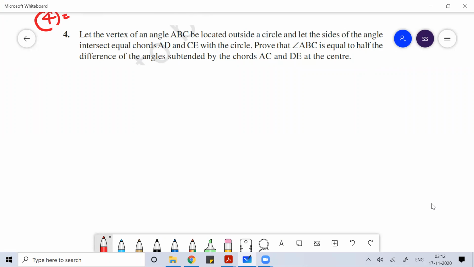Prove that the angle ABC is equal to half of the difference of the angles subtended by the chords AC and DE at the center.